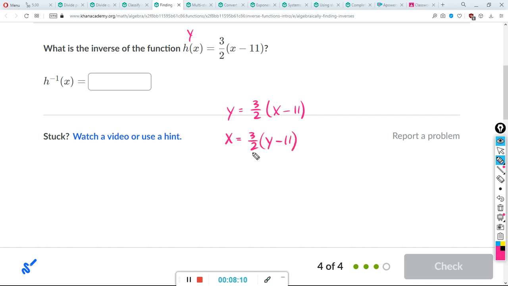And how do we get rid of 3/2? What's the opposite of times 3/2? We multiply both sides by the reciprocal. So take this whole thing, and instead of 3/2, we're going to multiply by 2/3, and do it to the other side as well. Now we have 2/3 x.